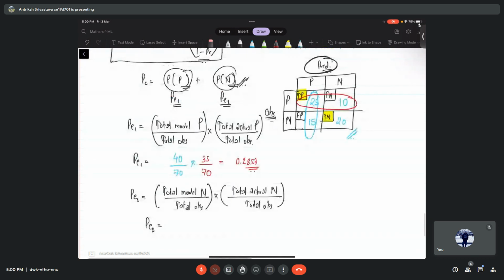Okay, so what is total model negative? Total model negative is 10 plus 20, that is 30 by 70, and total actual negative, observation negative, is 15 plus 20, that is again 35 by 70, and that is equal to 0.2142.